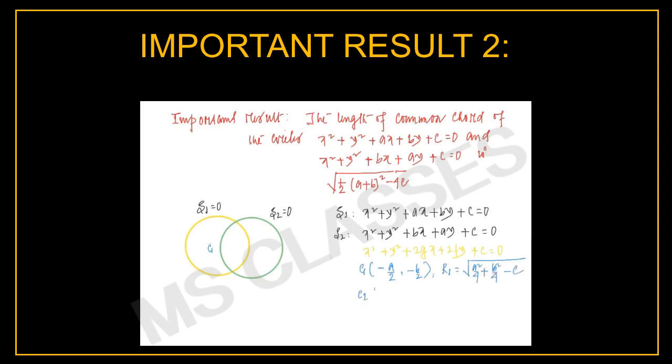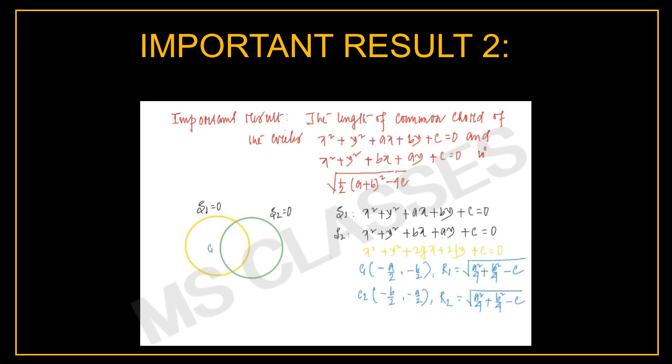Similarly, the center of the second circle is minus b by 2, minus a by 2, and the radius is under root of a square by 4 plus b square by 4 minus c. So we got the centers of the two circles as well as their corresponding radii.